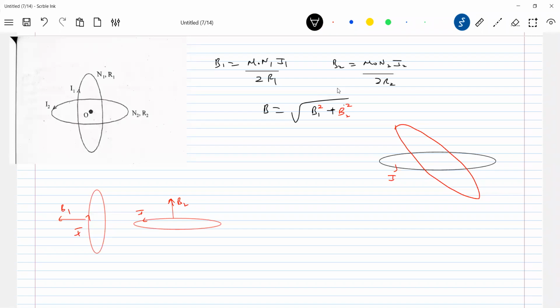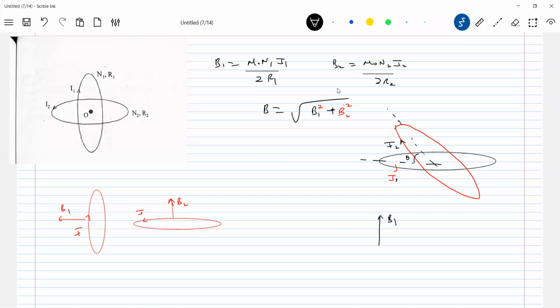The plane of the loops will make an angle theta. So this is the plane. The planes will make an angle theta. The plane of the loop will make an angle theta here. So there are loops, and you give the currents I1 and I2. Due to I1, it should be B1 bar upward.